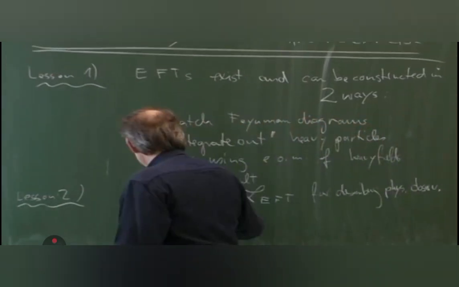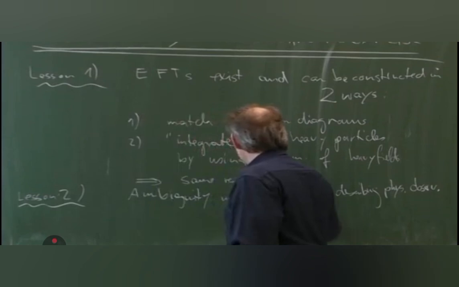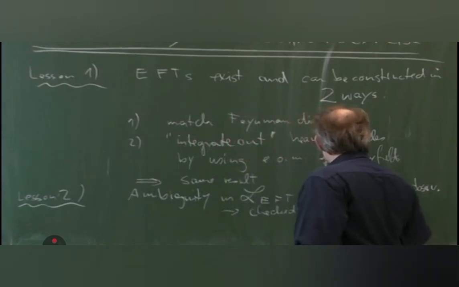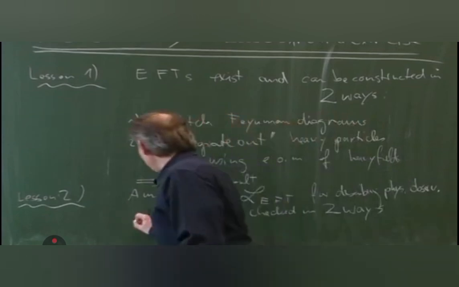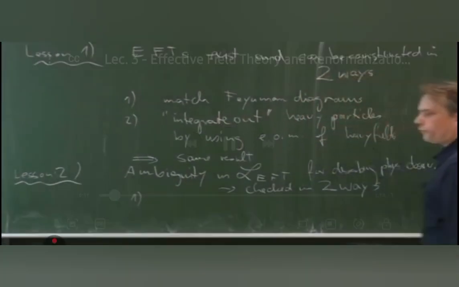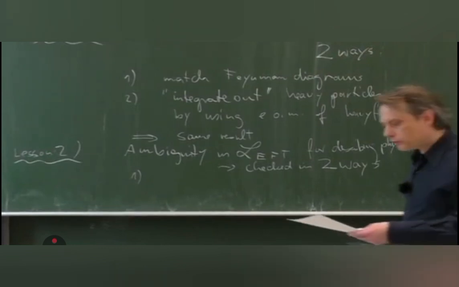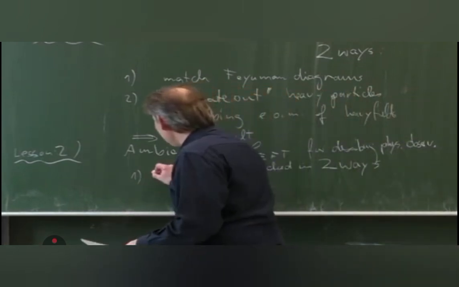And this has again been checked in two ways. Namely, the first way we have observed this ambiguity was by explicitly computing observables using different versions of the effective field theory and obtaining the same result.